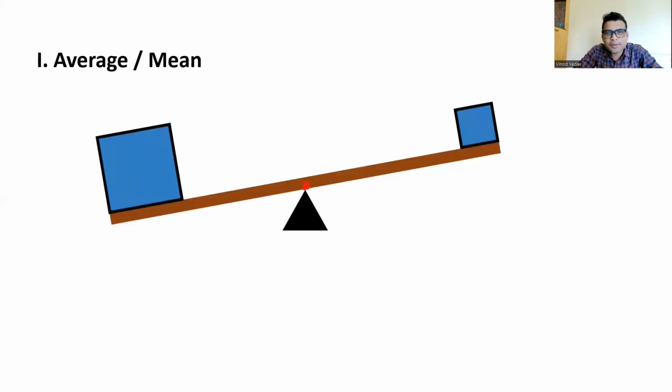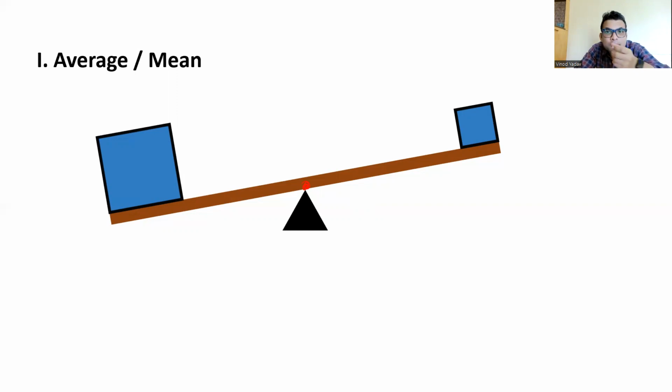Now what? Did you see? If there are unequal weights, correct? Unequal weights. So obviously the lever will bend down towards the heavier side. I want to make it horizontal again. I don't have an option of changing the weights. So what will I do?